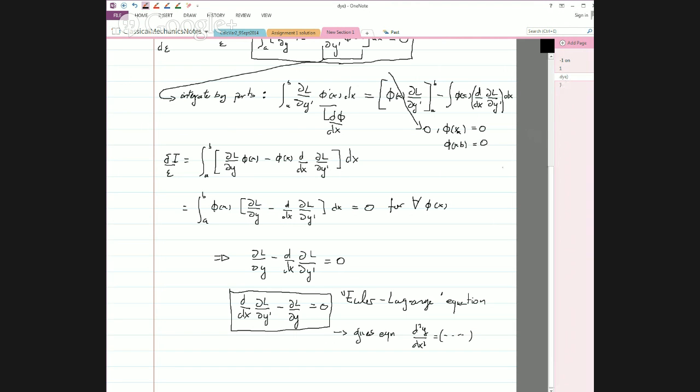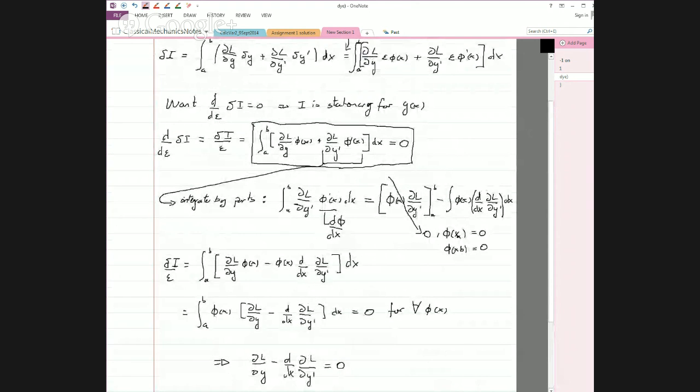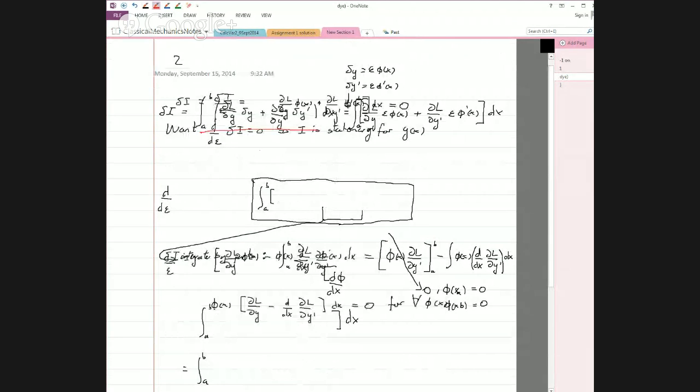If we go back to the derivation that we just did, our delta L here is going to have one term. Here there's only one y, right?